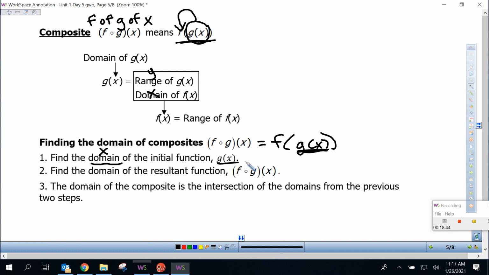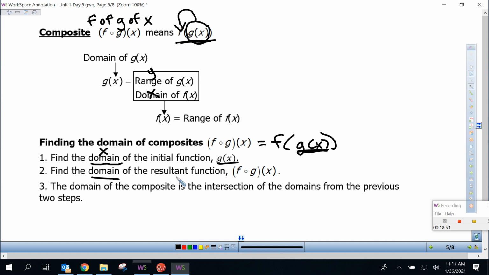Step two, you find the domain of the resultant function. Again, domain means x value. Now resultant, what is the root word for resultant? Result. So you need to find the domain of the result function. So whenever you simplify, what was the result that was produced?